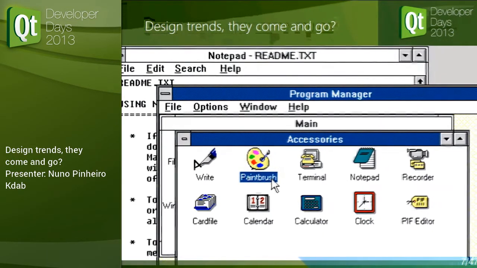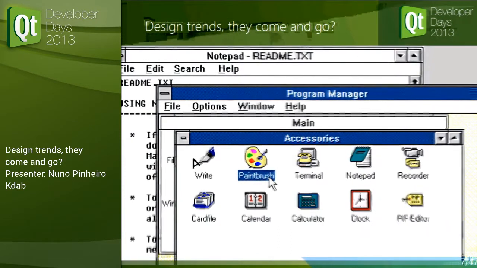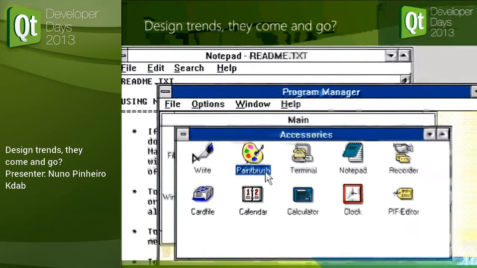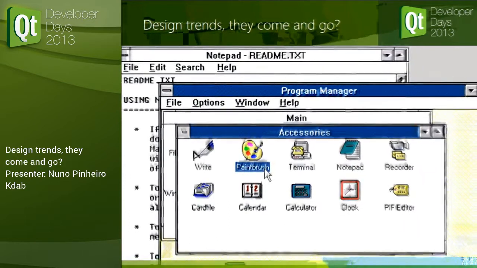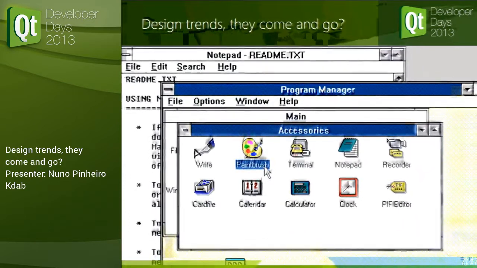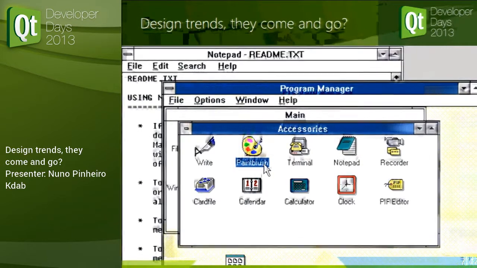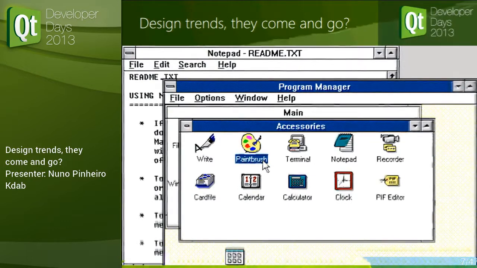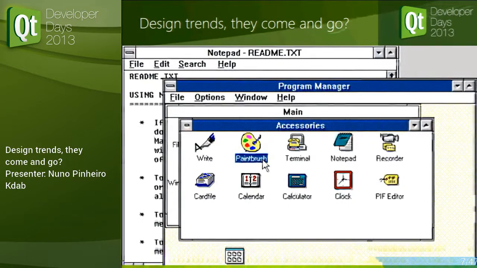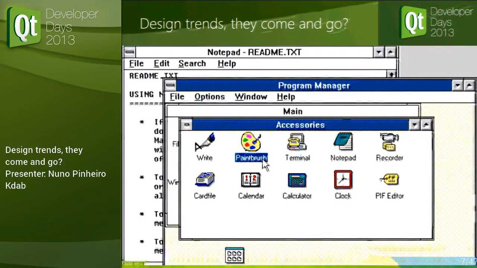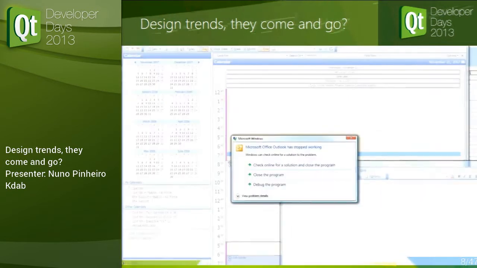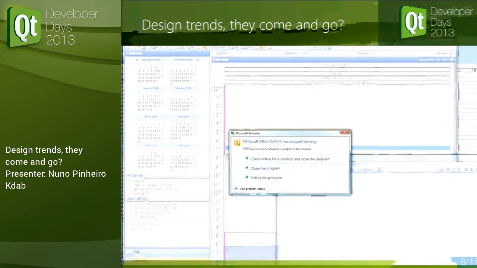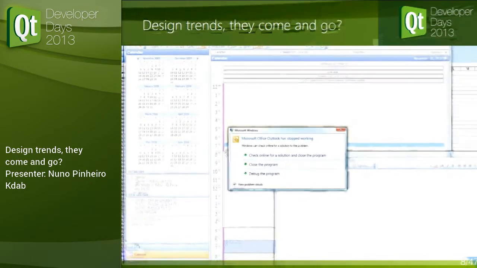By this time we could do only 16 different colors. Windows 3.1. And over the years, designers were very limited by the technology and tried to push for different things. And when the technology got us, by the end, we'd gone overboard. And we started using everything that we had available.